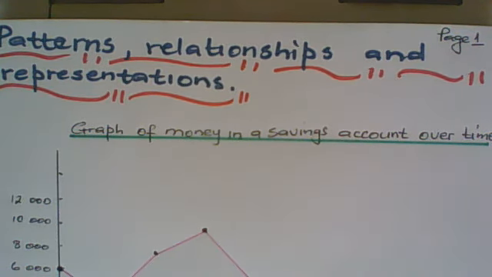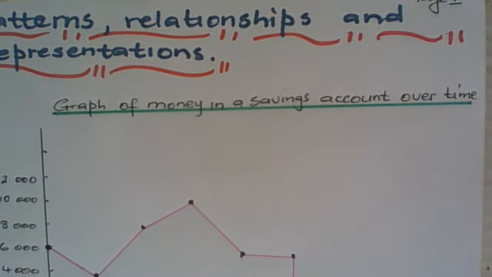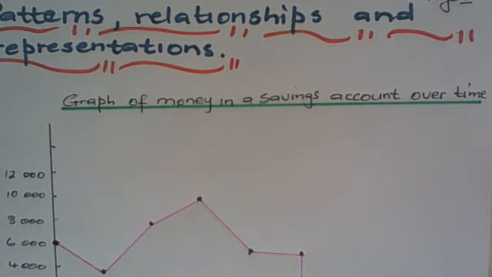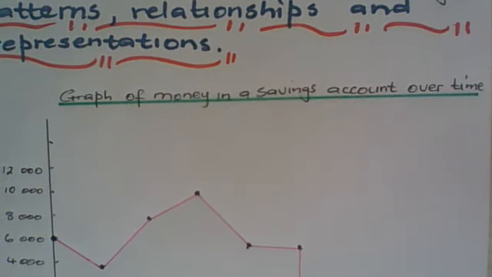So let's take this graph, guys. This is a graph of money in a savings account over a certain period of time.